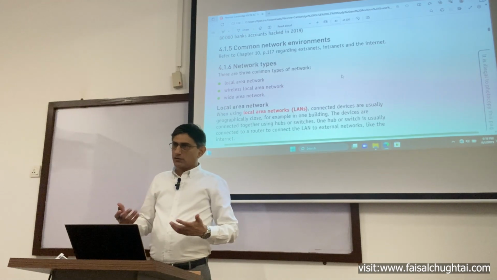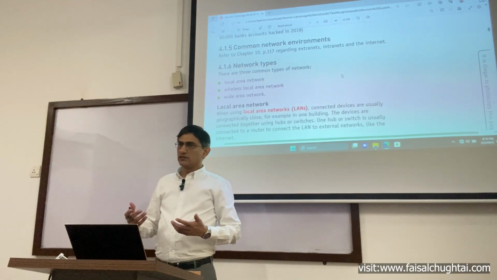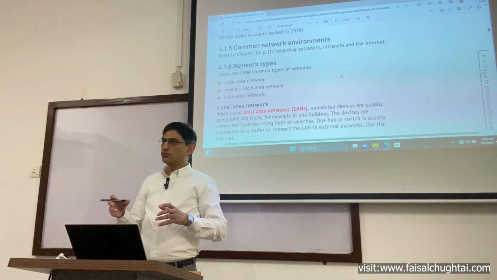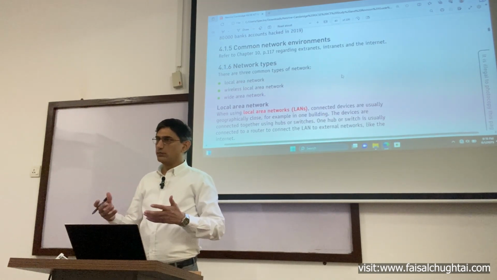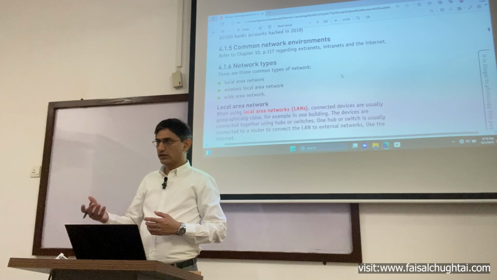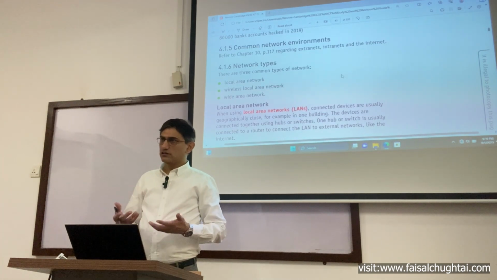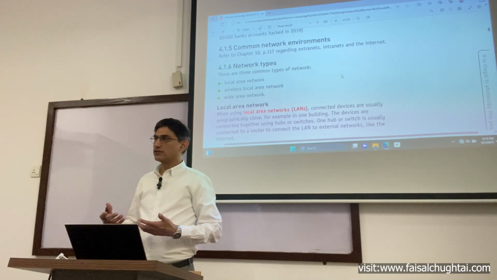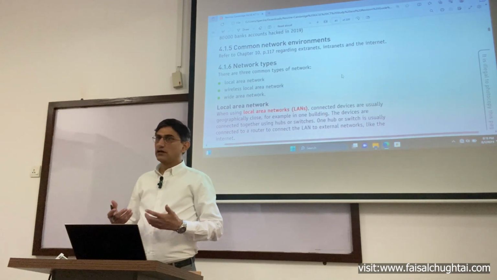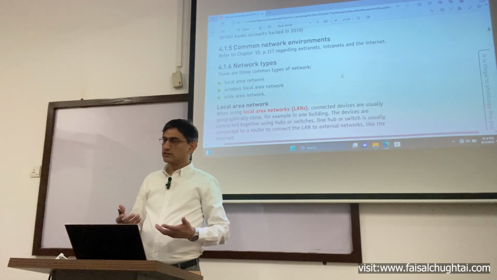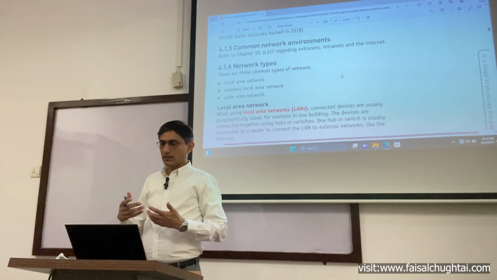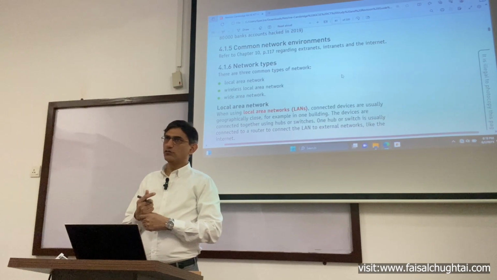The basic purpose of connecting computers in a network is to allow people to communicate, share data, and share other things such as programs and hardware resources such as printers.